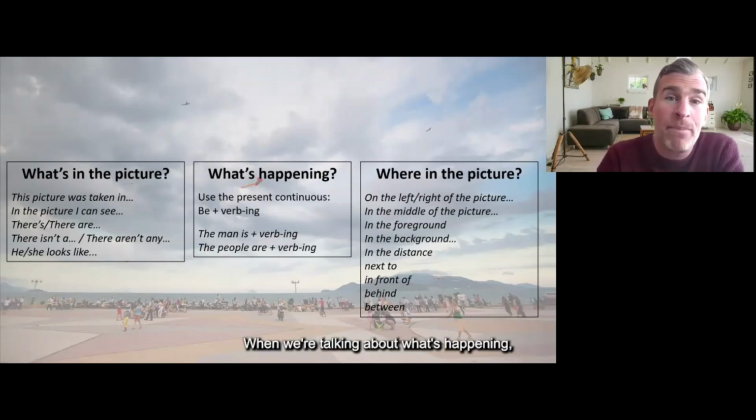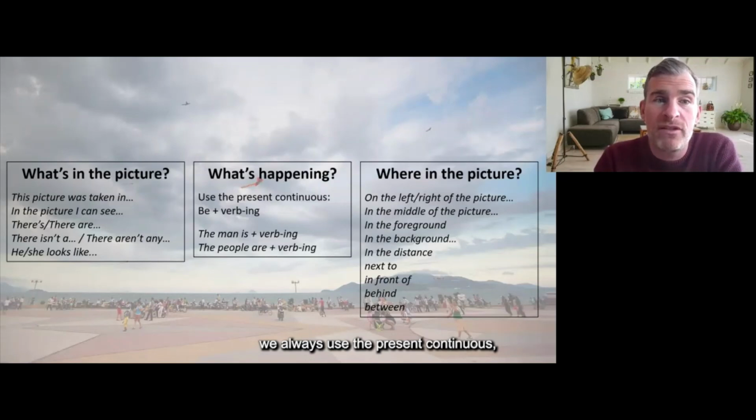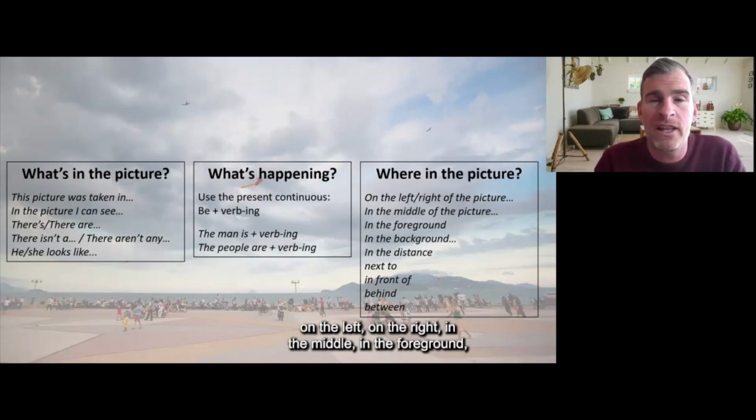When we're talking about what's happening, we always use the present continuous. He, she, it is. I am, you are, we are, they are doing something. And then all of the expressions for what or where things are in the picture. On the left, on the right, in the middle, in the foreground, in the background, next to, in front of, behind, and between.